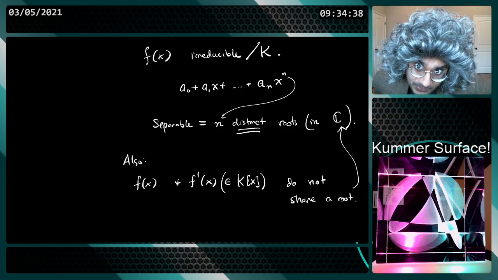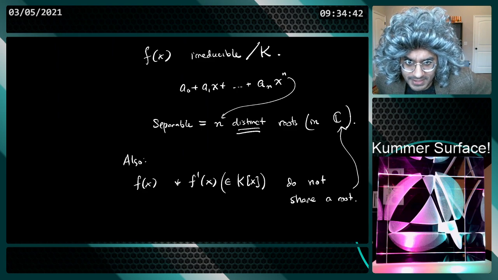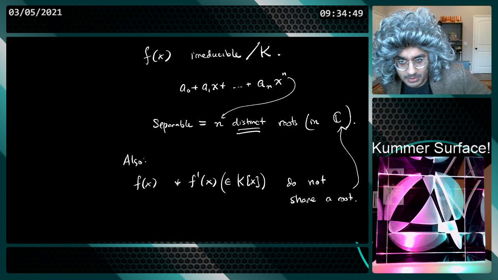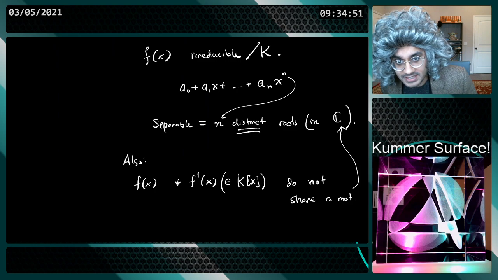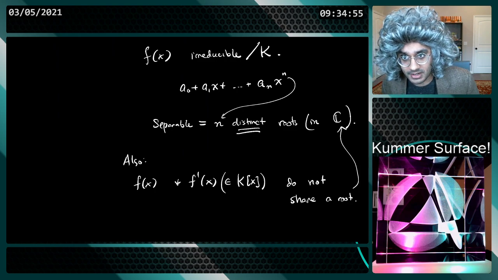Now, if f is irreducible, and we're over a characteristic 0 field, which is true if you're a subfield of C, f of x and f prime of x will absolutely not share a complex root.